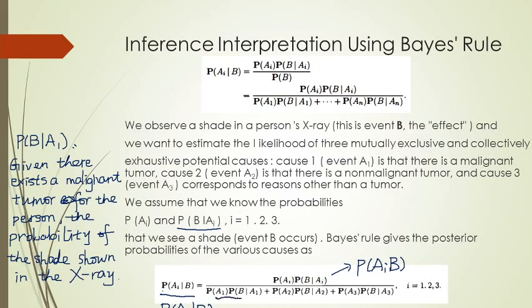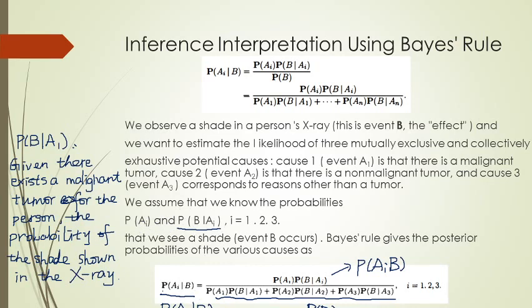So this part is the probability of B, which you just expand with the total probability theorem. And for the numerator, you just rewrite it as another conditional probability, and we assume we know that. We assume we know those probabilities, and that is something we can form based on the knowledge of the doctors, and then they can make the decisions.